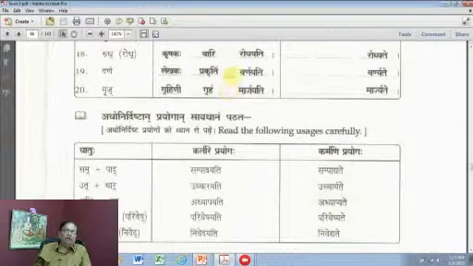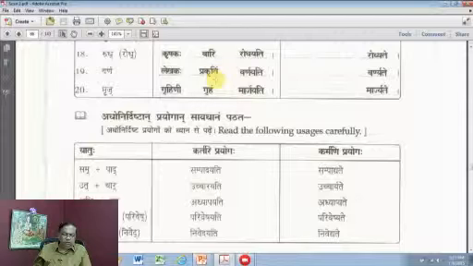So, Krushakena vari rodhyate. Water is stopped by the farmer. 19. Lekhakaha prakritim varnayati. A writer is describing nature. Lekhakena prakritihi, Strilinga shabda, varnyate. Nature is described by a writer.